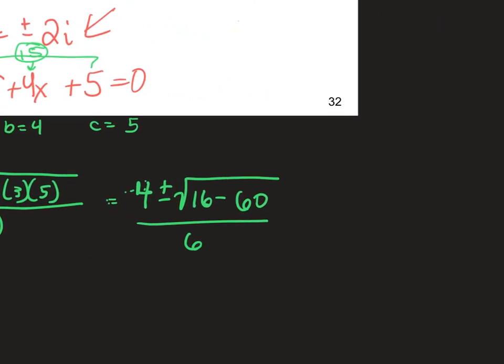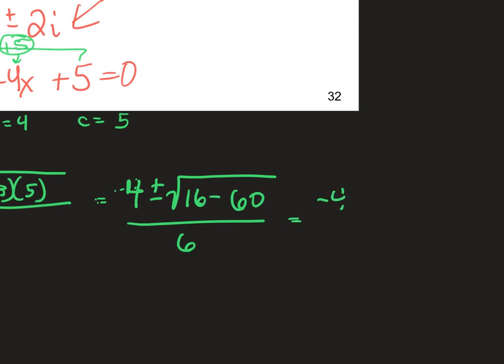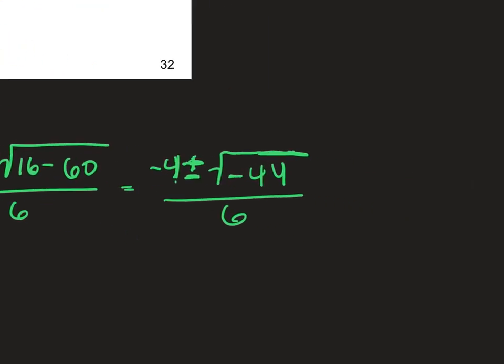So I still have negative 4 plus or minus, sorry, 16 minus 60, negative 44, all over 6. What do you notice about the number underneath the radical? It's a negative, it's imaginary.